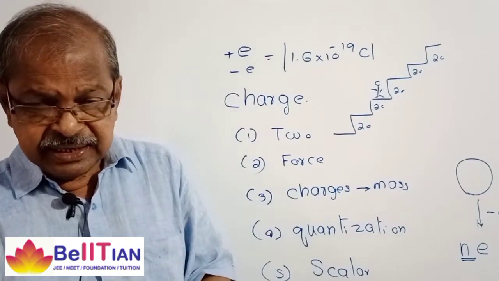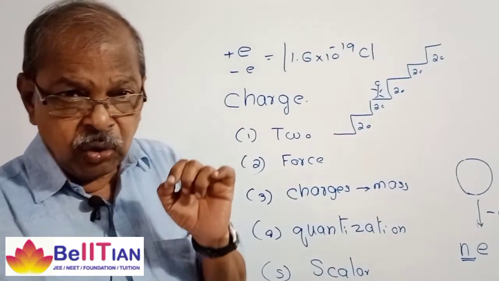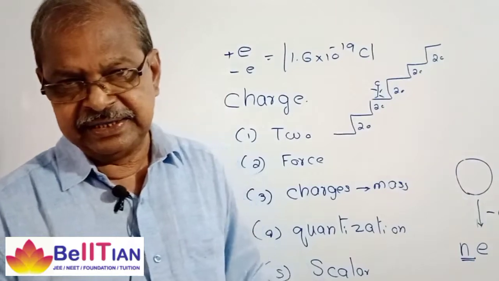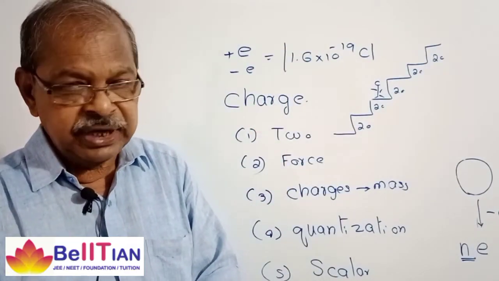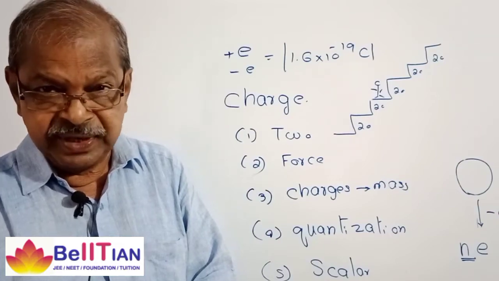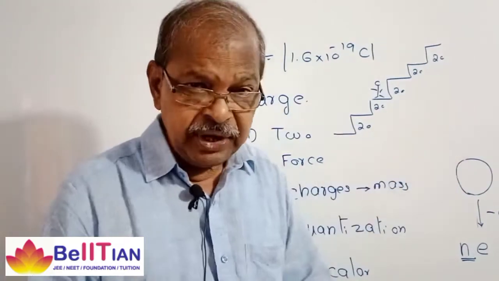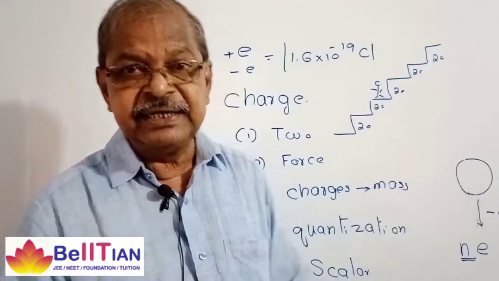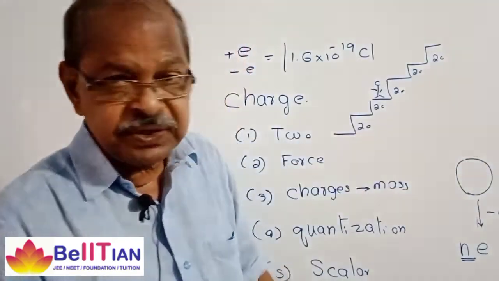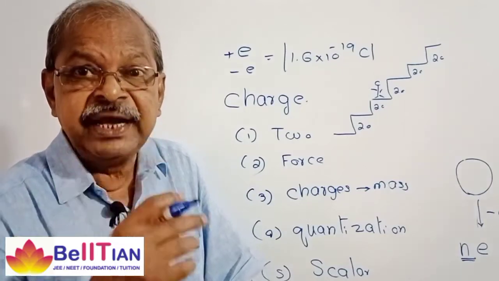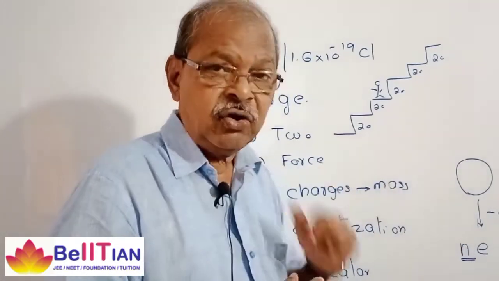That means you can arrive at a law called conservation of charges. The total charge in this universe is conserved. You cannot create a charge or remove a charge. When I discharge a body, I am not destroying any charges; I am neutralizing the charge. Suppose the body is positive. If I want to make it neutral, I have to add electrons.